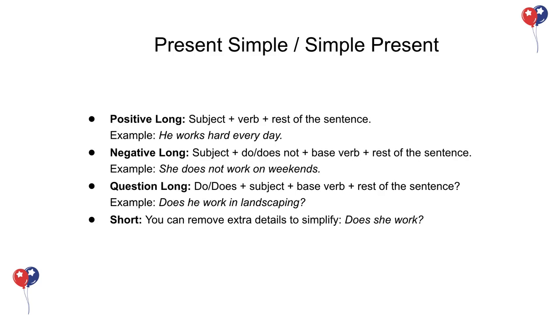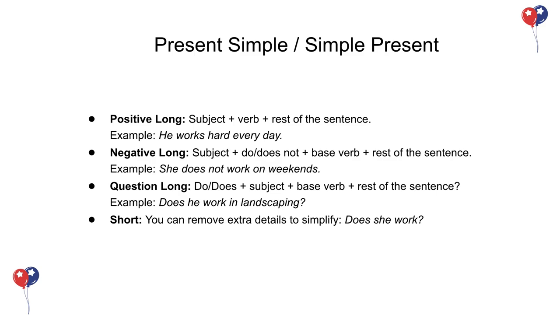And the last point that I want to make is that there are structures that you need to follow, such as, for example, for the positive long form of a sentence, you can use subject, verb, and the rest of the sentence, or SVO, which is subject, verb, object.